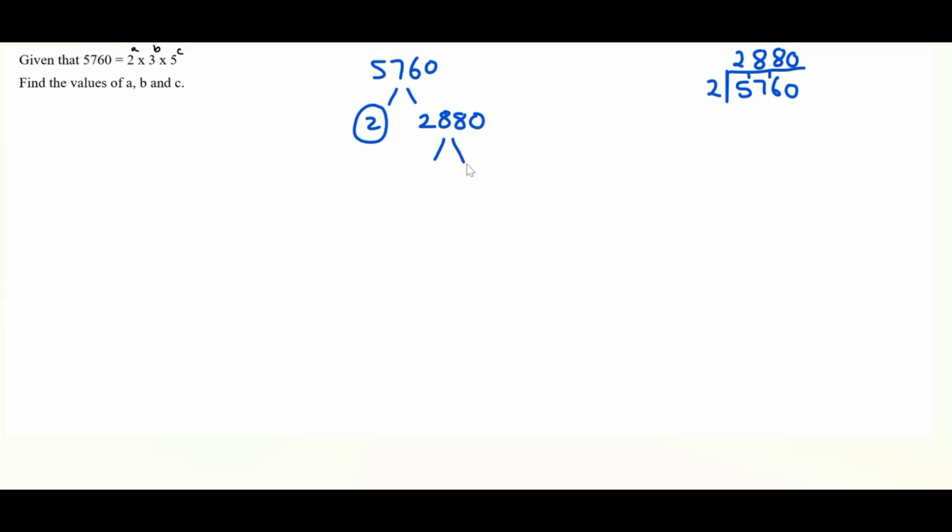And continuing on. Again, we can do 2 as one number, and the second number can be 1,440. Splitting this up again, we can do 2 and 720. Here we can have 2 and 360.